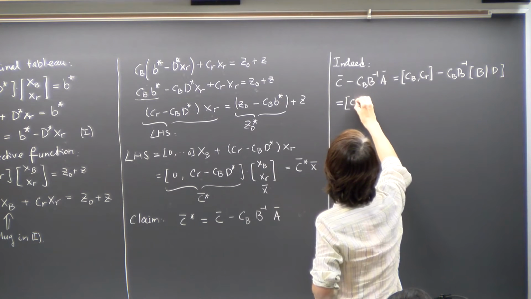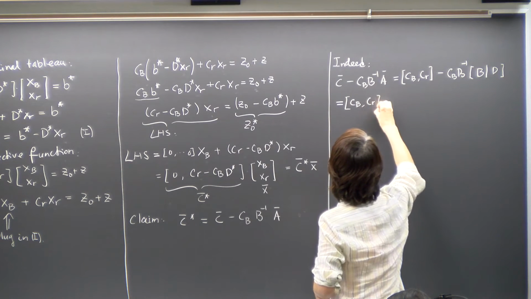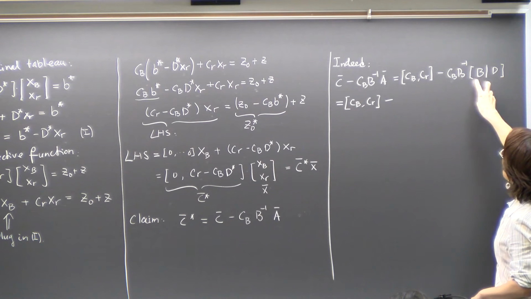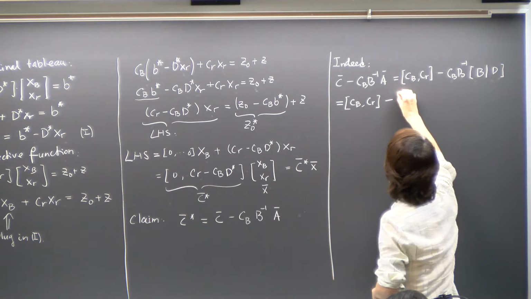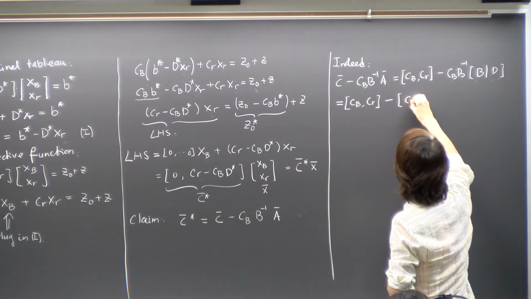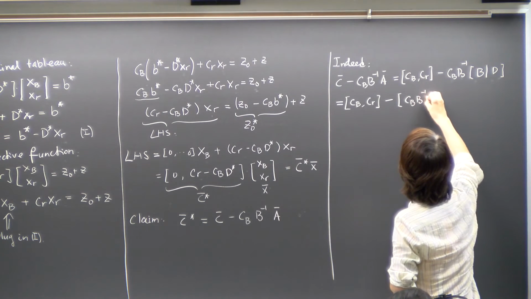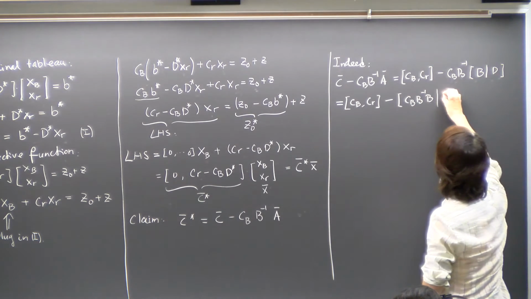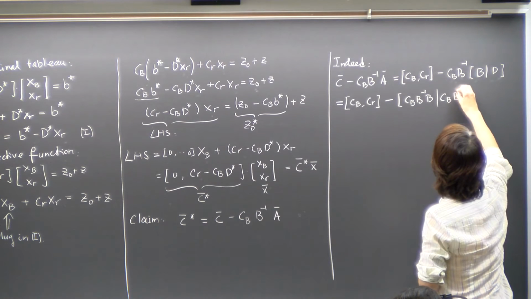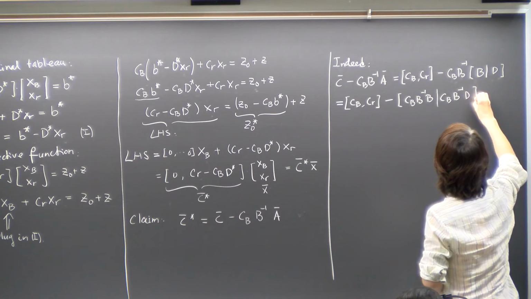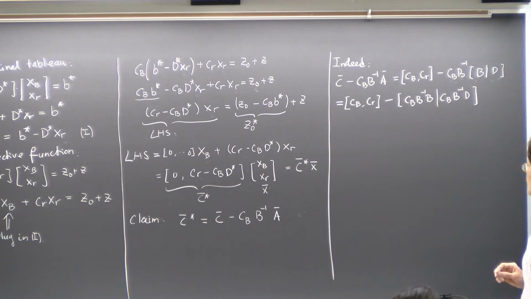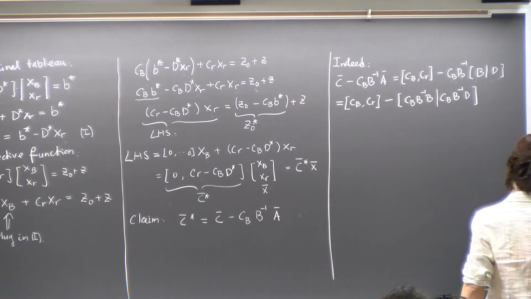So I have CB, CR minus. I can distribute this inside and multiply each, and form the matrix afterwards. So I have CB, B inverse B, that gives me a square matrix, and then CB, B inverse D. Okay, let's look at what we have.